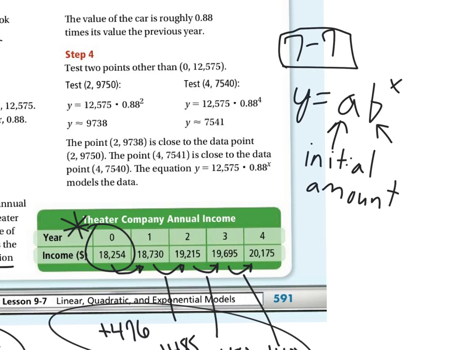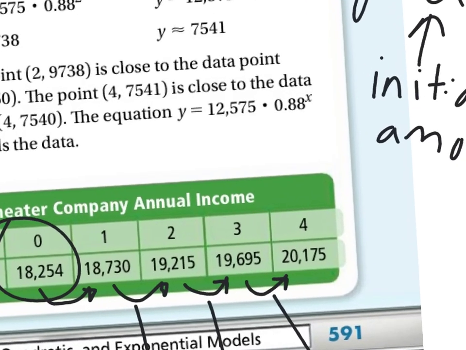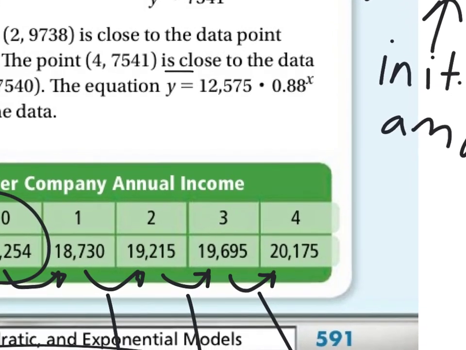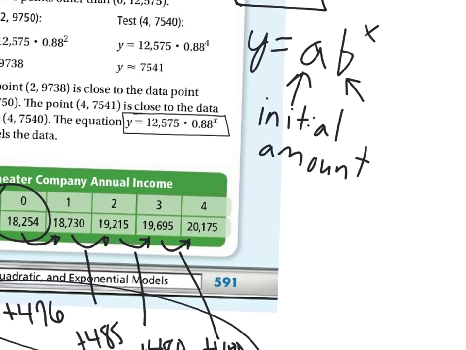And so on this one, that's how they came up with this. The initial amount was 12,575. So that's what they put in place of the A. And then we're multiplying it by about 88%.